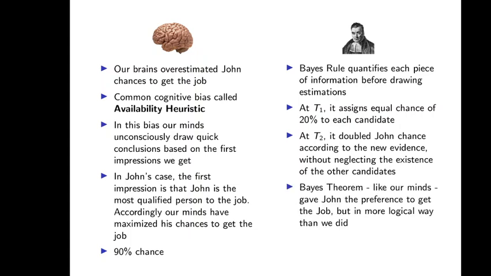So Bayes' theorem is just like our minds in giving John the preference, but in a more logical and quantitative way. It assigns a 33% chance for John to get the job against only 16% for any other candidate.